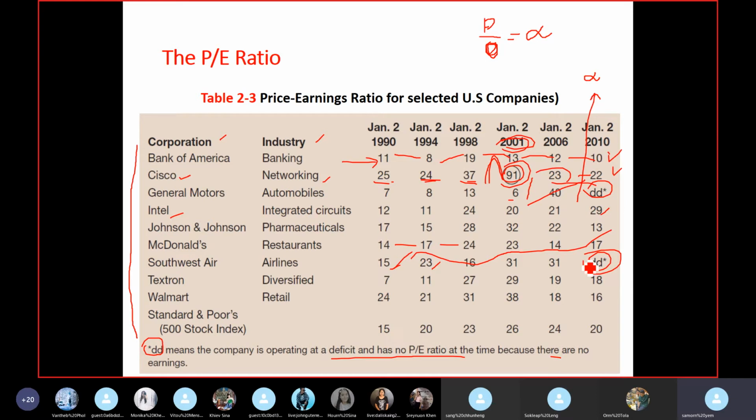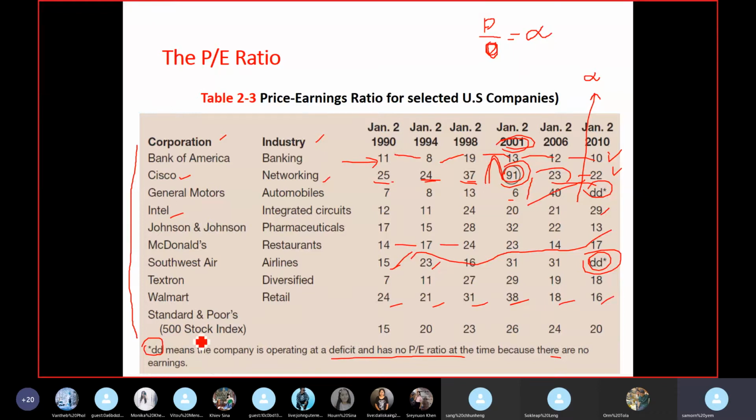The airline companies will also have no earning if COVID-19 still continues, but we hope that someday we will be well. Okay, the diversified industry starts from number 7, 11, 27, 29, 19, and 18. Walmart retail: 24, 21, 31, 38, 18, and 16.